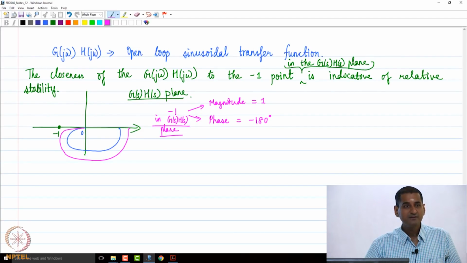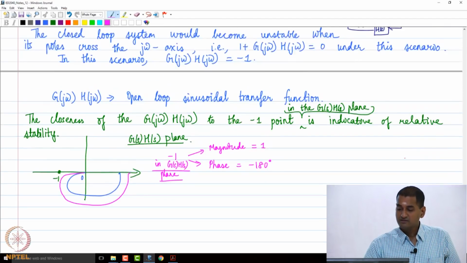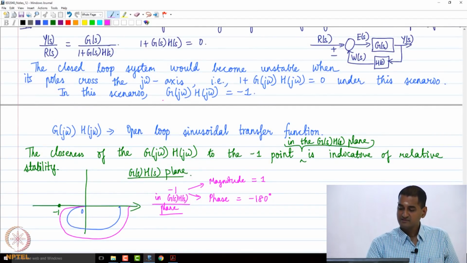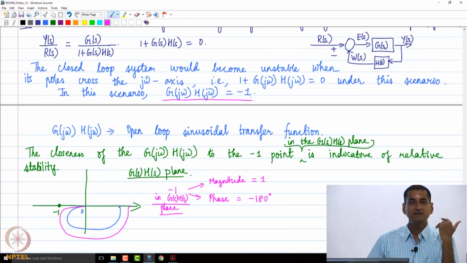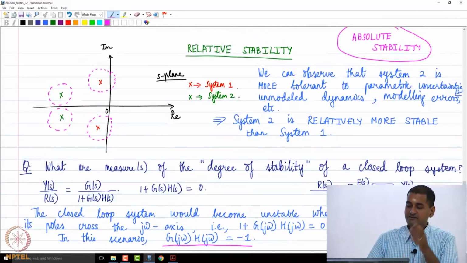Are there any questions? Yes. So that closeness, you get this knowing this first or you do that first? Sorry, which one? The closeness of the G(j omega). So that follows from this, because see what is the scenario we are considering? Let us say we go back to this.